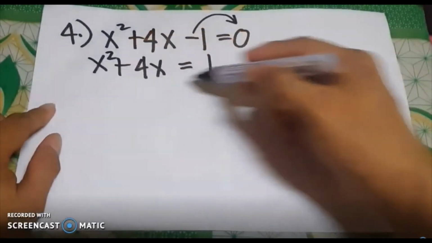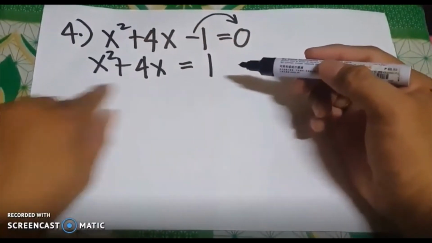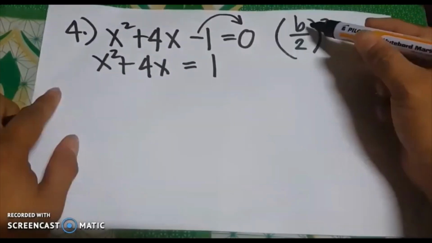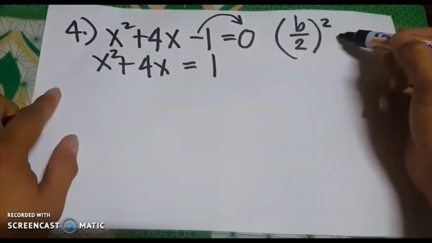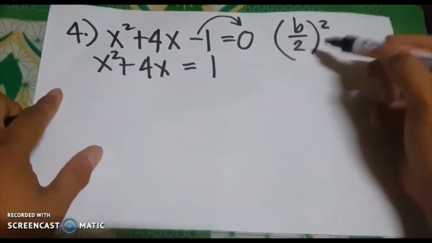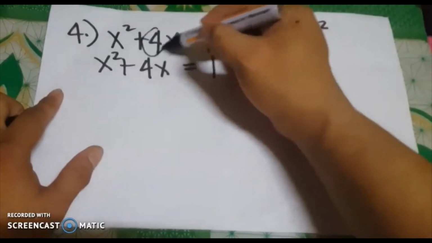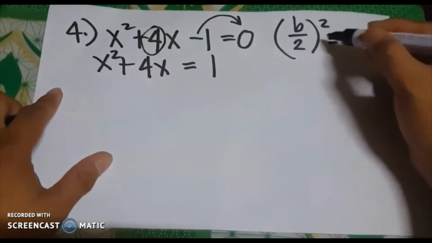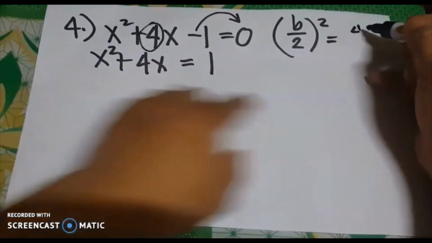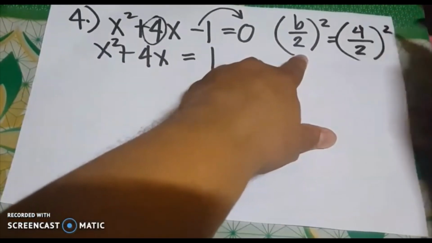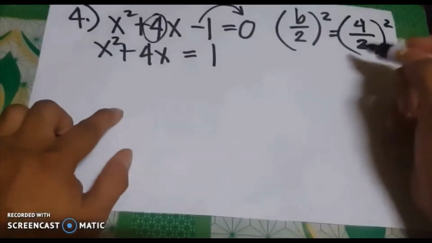Then, if it's already in this form of the equation, that's the time now that you're going to make use of the expression b over 2 quantity squared. So, from there, we know that the value of b is positive 4. So, simply substitute positive 4 to the given expression. We do have here 4 divided by 2 quantity squared.